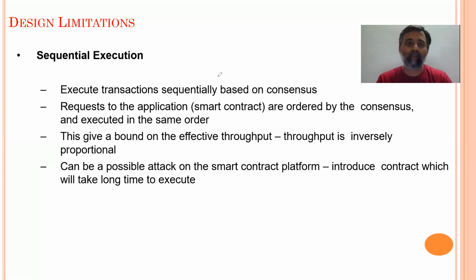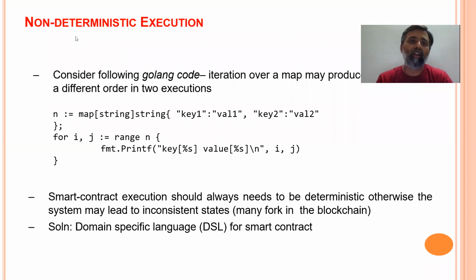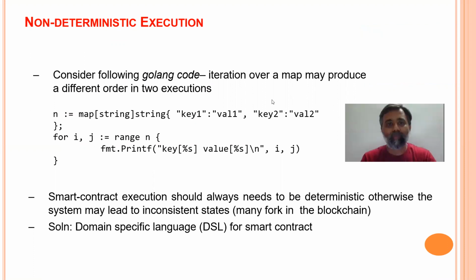The second one is non-deterministic execution. If you consider this Go code here, this is a simple loop. If we are assigning the value to n, and suppose we are having this loop, this key and value pair will get a different value at each iteration.